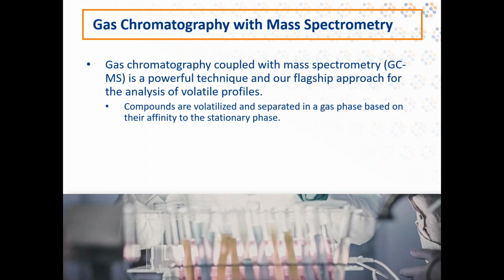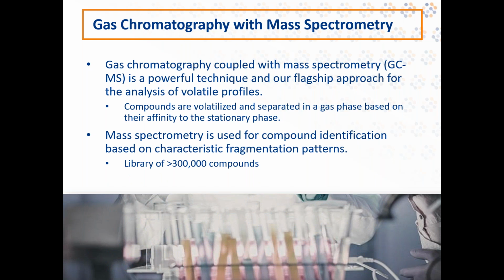And we can tailor this approach to different classes of compounds depending upon the potential source of the off odor by changing factors such as the stationary phase or the GC column, as well as factors such as temperature profiles, gas flow rate, and so on. And so we can tailor this approach to our particular products. However, once these compounds are separated, we need a way to detect them.